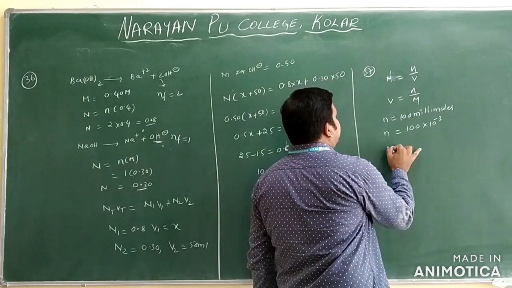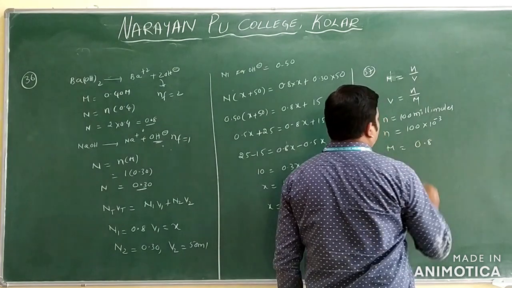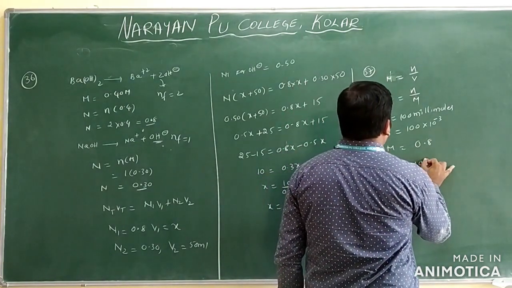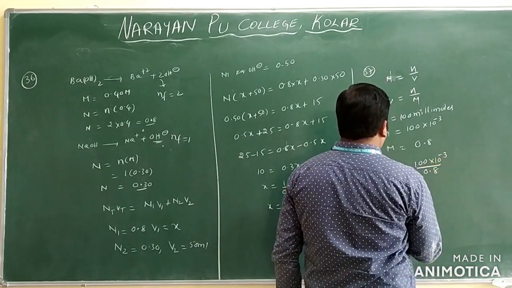And the molarity given here is 0.8 only. Substitute the values here. V is equal to 100 into 10 power minus 3 by 0.8.